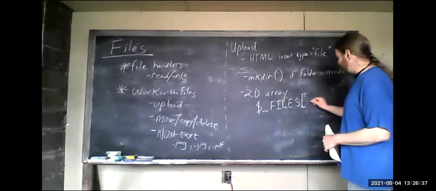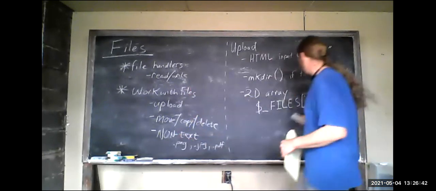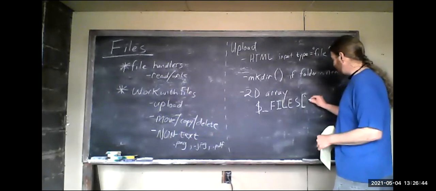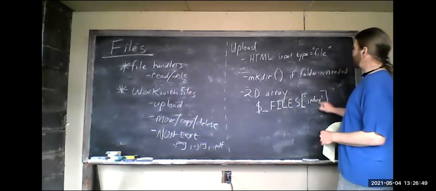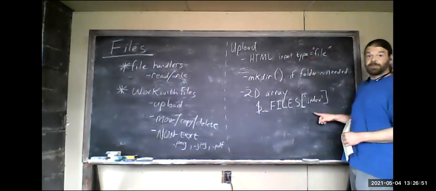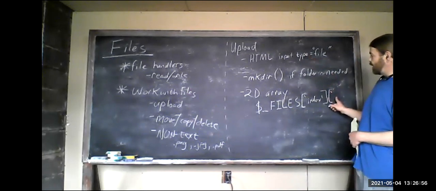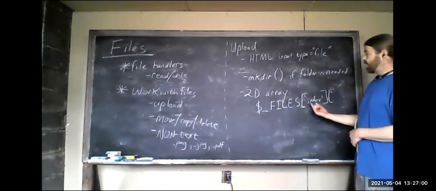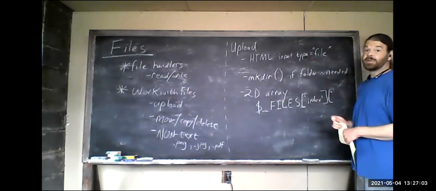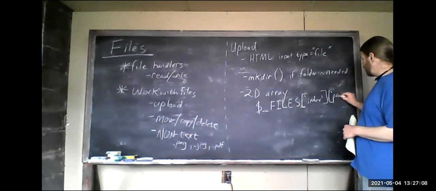And then we have, I'm going to put index, which would be the name attribute from that HTML input, just like we've seen. And then we have a second block for the second dimension of our 2D array, so we get a table, not just a list of elements. I'm going to put property here for the generic thing.